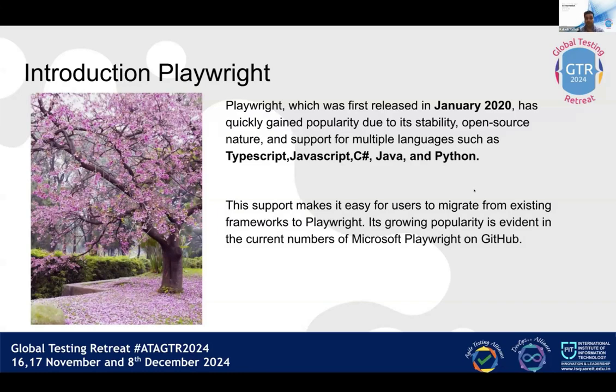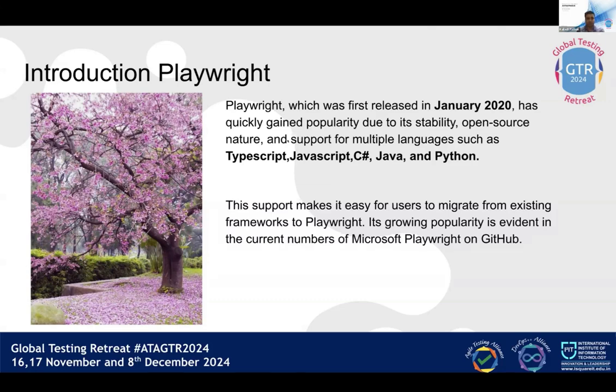In Playwright, they have done a couple of good things. One thing you can see here is that they support a couple of languages. In Cypress, we have TypeScript and JavaScript, but in Playwright you can see TypeScript, JavaScript, C#, Java, and Python. They are supporting most things. Another thing I love about Playwright, which I will show with the demo, is parallel execution support.